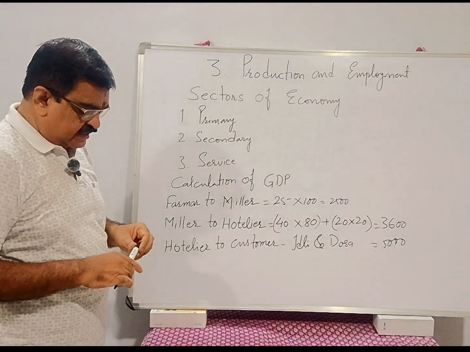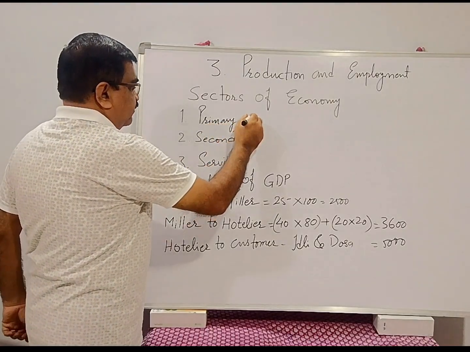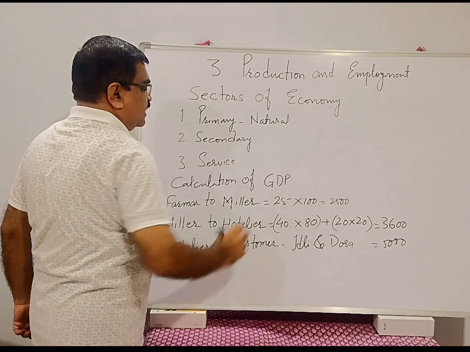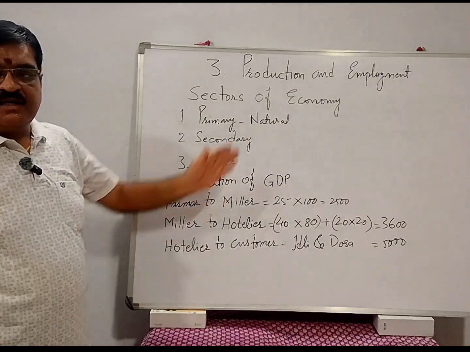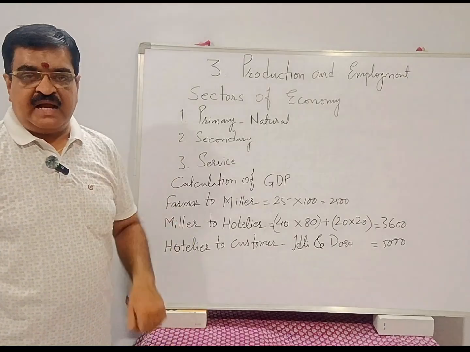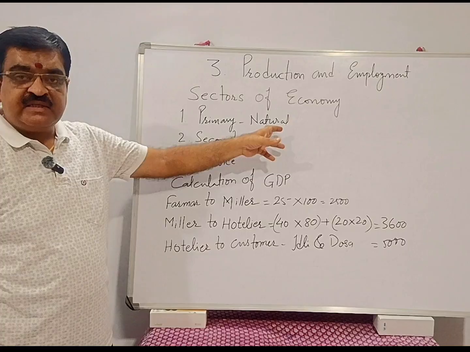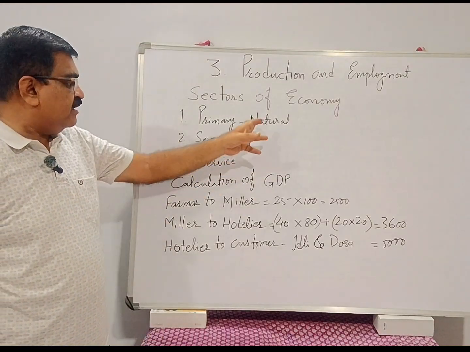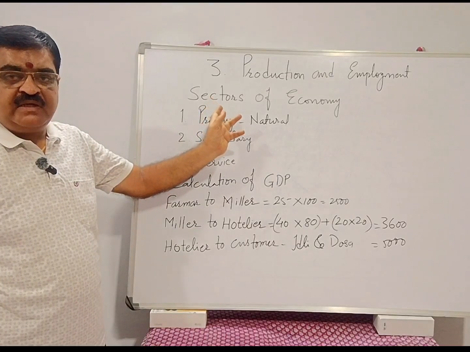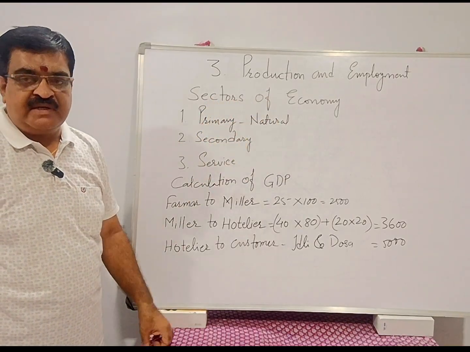Whatever is included in the primary sector comes from natural resources that are naturally available, like farming or agriculture, which we do on the land, and land is available naturally to us. That's why the primary sector is called the sector of economy which depends upon the natural resources or natural availability.